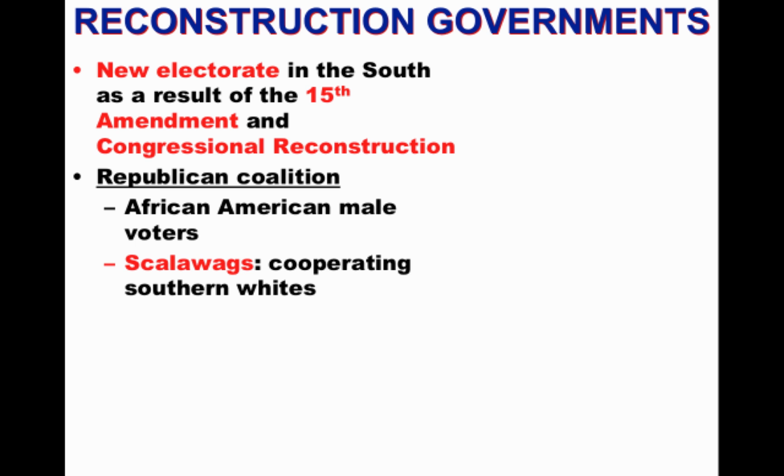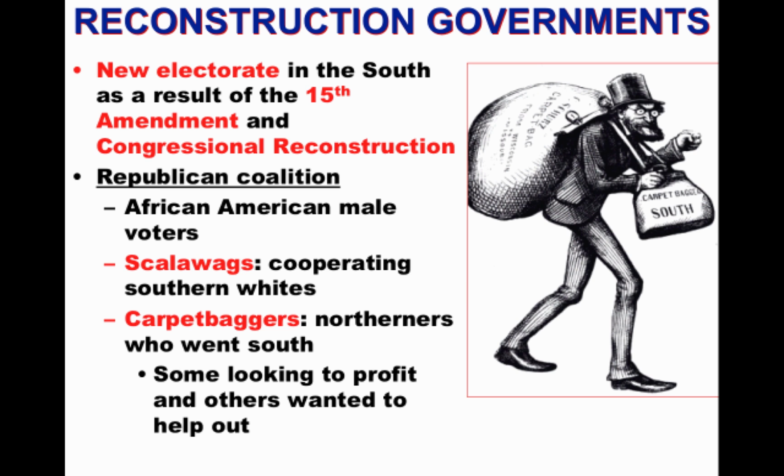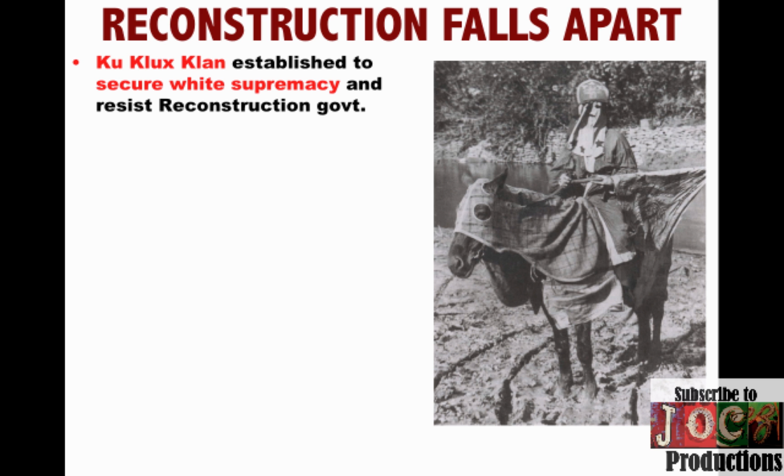They wanted economic development and wanted peace, but they were oftentimes hated by other Southerners. The so-called Carpetbaggers were Northerners who went to the South. Some were looking to profit and to benefit their own personal economic interests, but others just wanted to help out and transform Southern life. But eventually, Reconstruction will slowly fall apart, and it's important you know why.